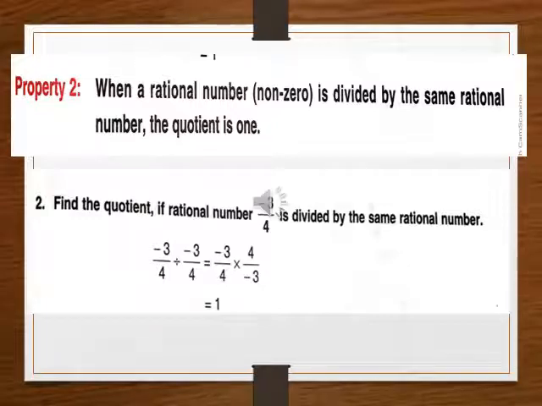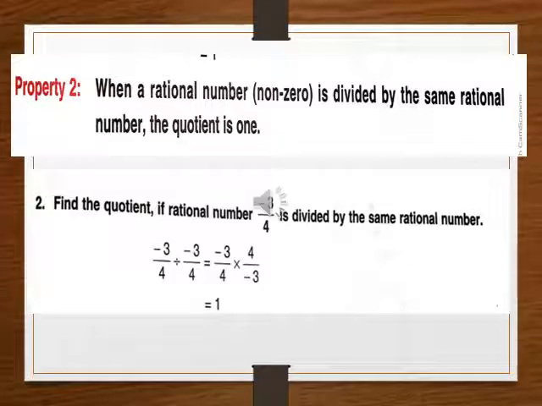See here, minus 3 by 4 divided by minus 3 by 4. We actually know the same number division is 1. But by the process, we have to convert division into multiplication. For that we take the reciprocal: in the second number, numerator goes to denominator and denominator goes to numerator.